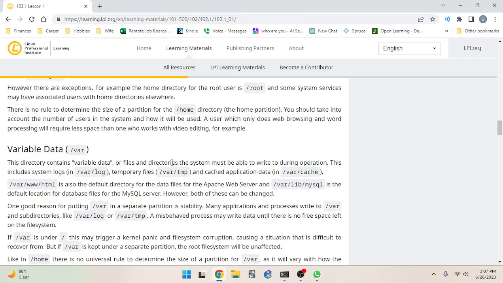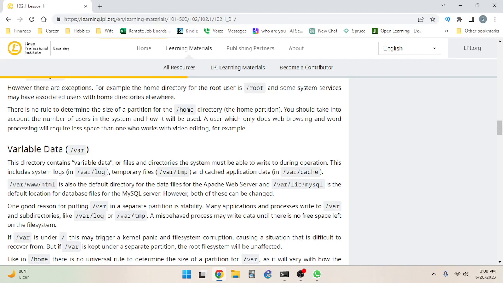This includes system logs in /var/log, temporary files in /var/tmp, and cache application data in /var/cache. /var/www/html is also the default directory for the data files for the Apache web server, and /var/lib/mysql is the default location for database files for the MySQL server. However, both of these can be changed.